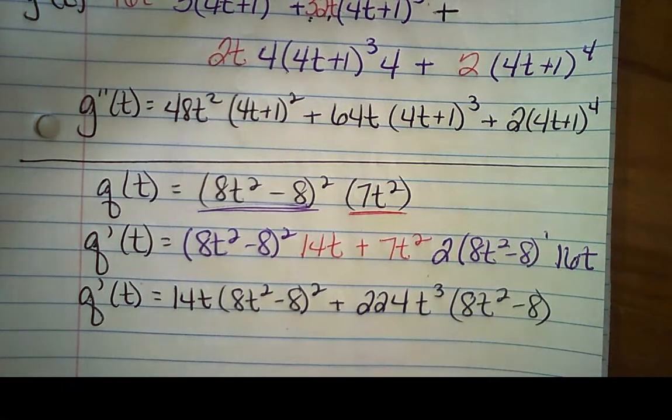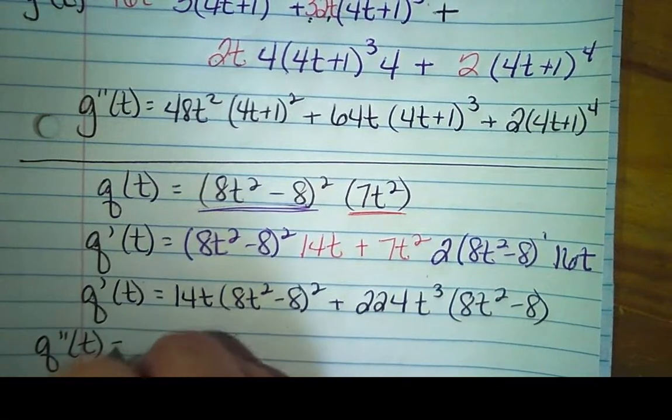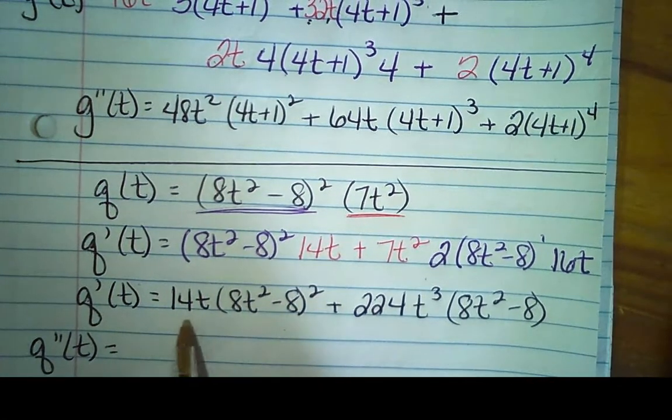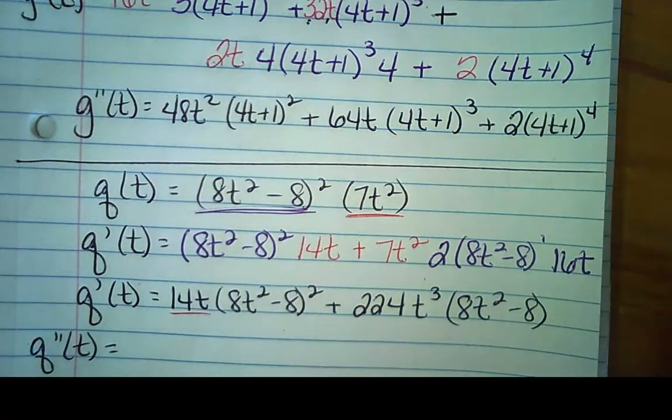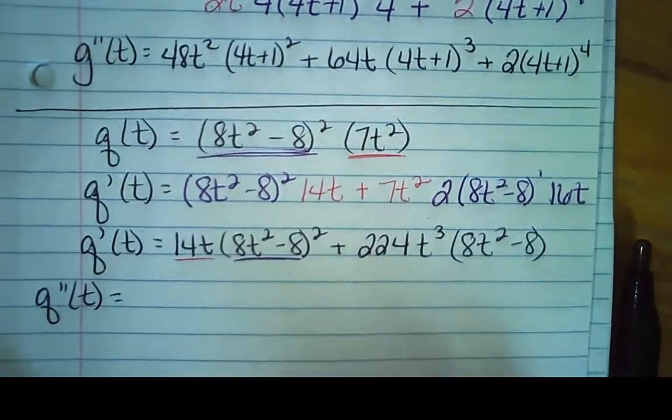So I'm going to dive in and do a second derivative. On this one, I'm going to have to do product rule with a little bit of chain rule, okay?